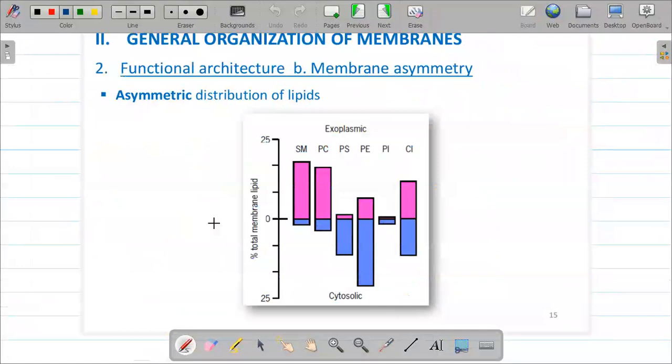What do you mean by asymmetric? They are not equal. The sides are not equally distributed.